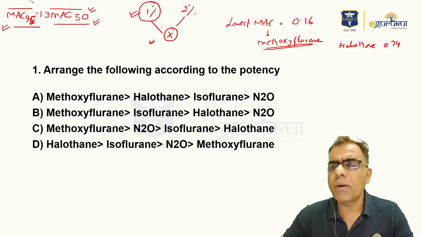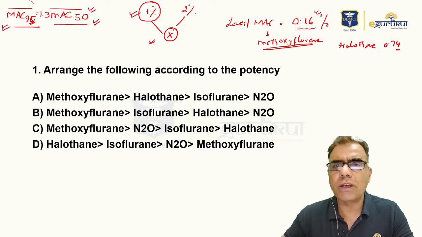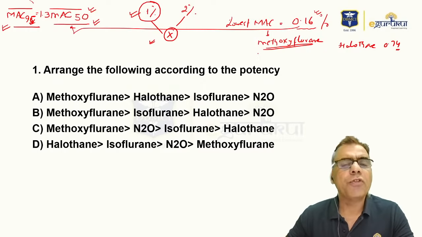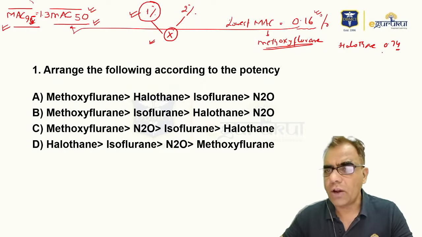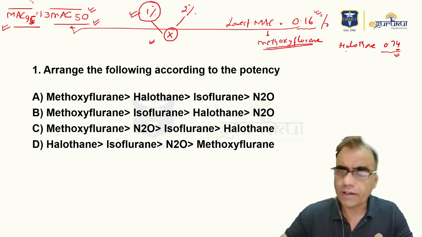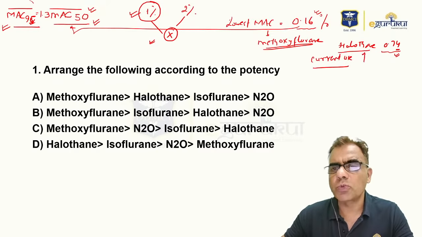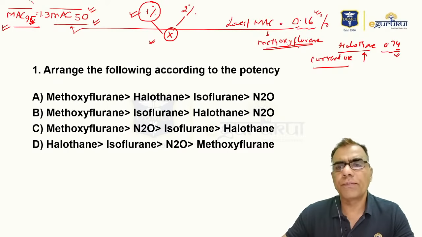You need not remember the MAC values, but just to give an idea: methoxyflurane at 0.16% produces effect in 50% of individuals, while for halothane the concentration required is 0.74. So among agents in current use, halothane is the most potent, but overall it is methoxyflurane.